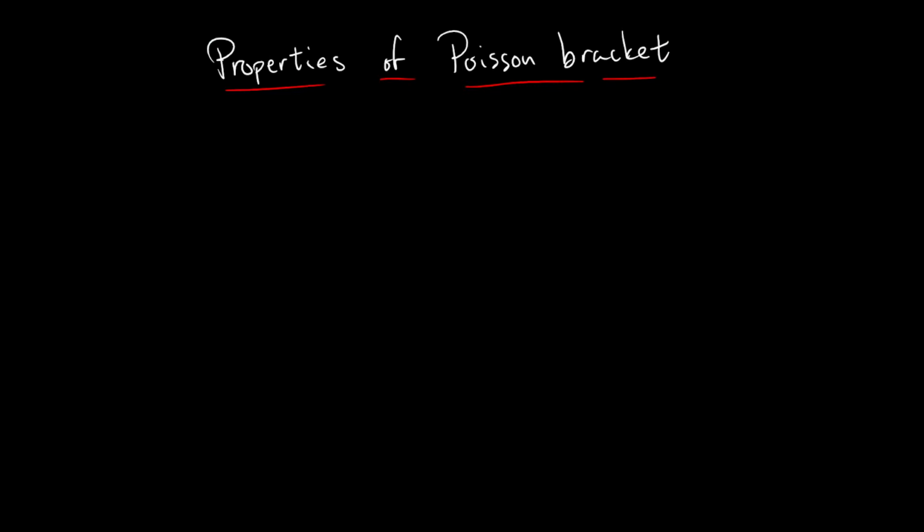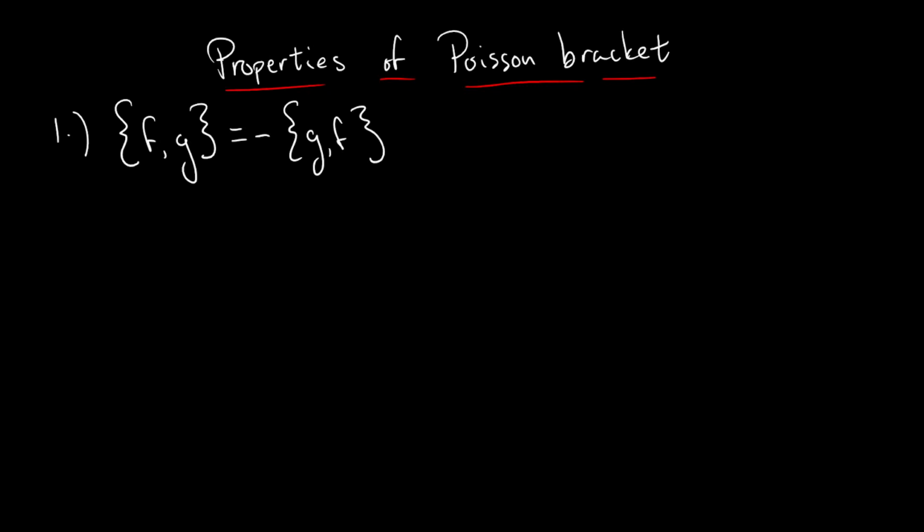They're easy enough to prove by the definition, and a lot of them just come from the linearity of derivatives. The first is that it's antisymmetric, as I said: f comma g equals minus g comma f. Antisymmetric just means that if I exchange the functions, I get a minus sign.